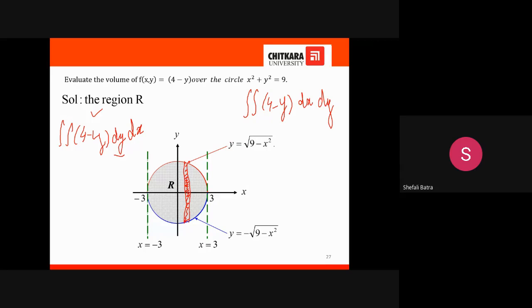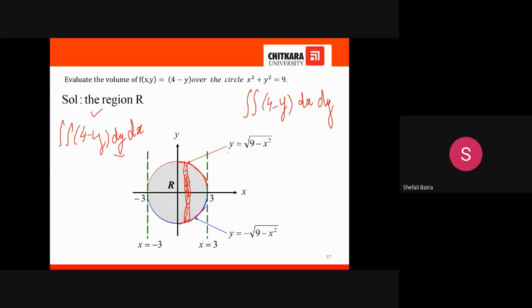So if it is not written here, then you need at least 1 minute to write what is y. Okay? So when you are having this circle or ellipse or whatever circular part, you need to define this curve as well as this curve. We know that this total curve is circle, right?